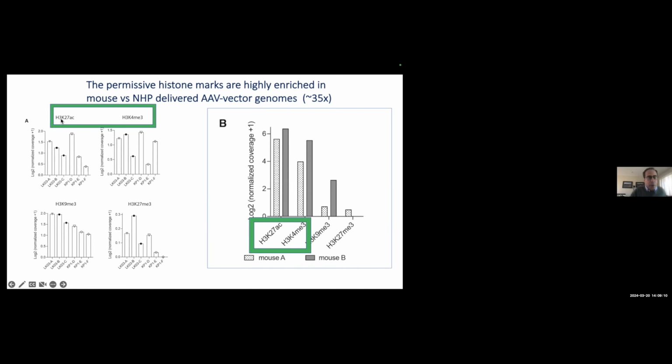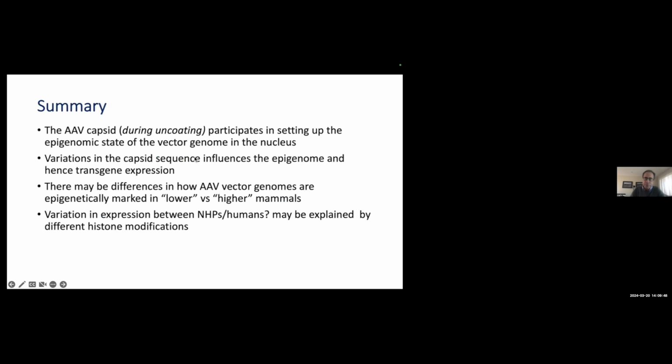And if you look at the permissive histone marks between mice and non-human primates, we find there's a 35 times higher concentration of the permissive histone marks in mouse liver than we would see in a non-human primate liver. So this suggests that there are inherent differences between rodents, let's say, and primates in how they set up their epigenomes.